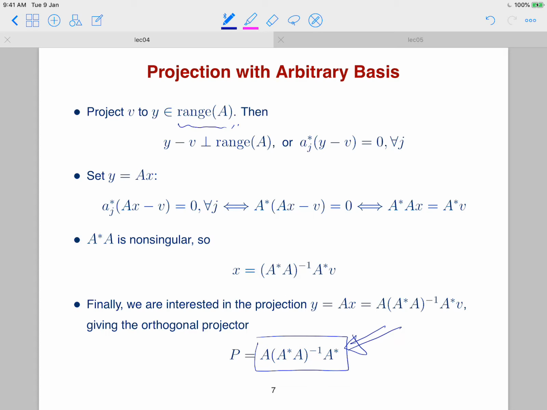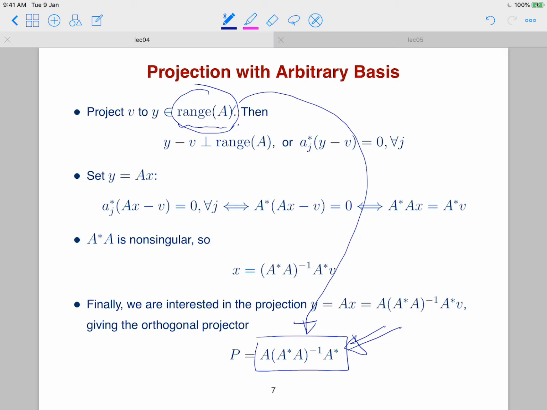So again, the point is we want to perform the projection onto the column space of A, where the columns of A are not necessarily orthonormal. In this case, that matrix is our projection matrix that satisfies the idempotent relationship, right? And I minus P will also project that point onto the complementary subspace.